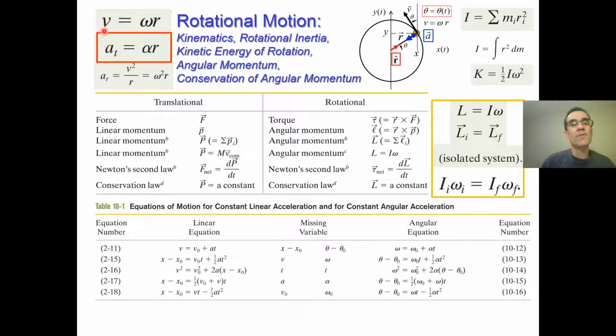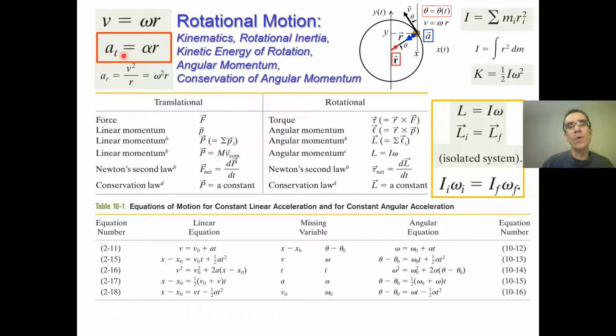When you take the derivative of the velocity, you get the tangential acceleration. If the radius is constant, the derivative of omega is this alpha, the so-called angular acceleration. These are important things.